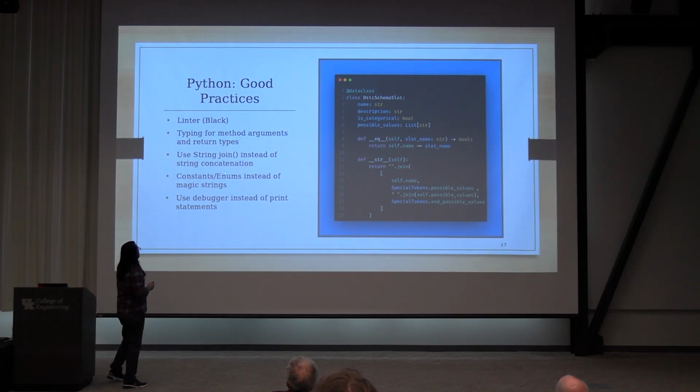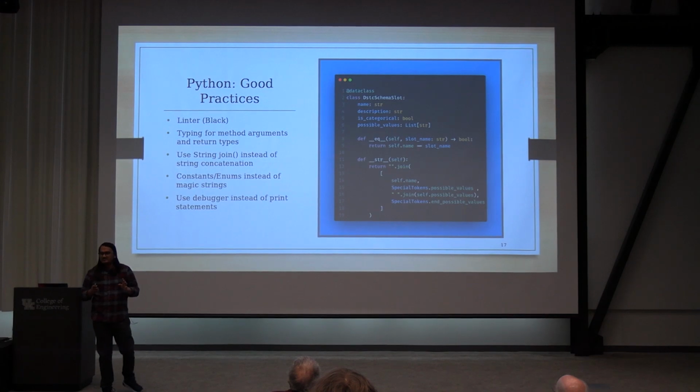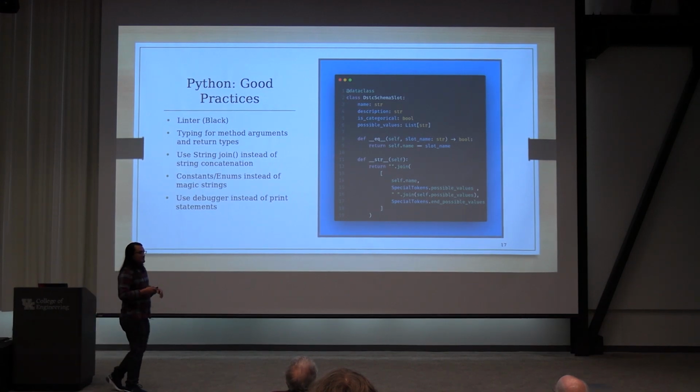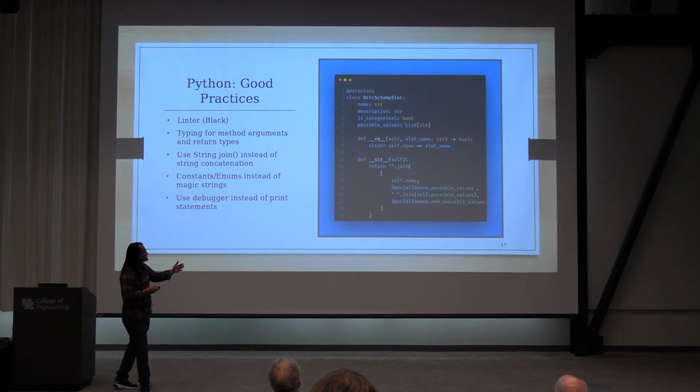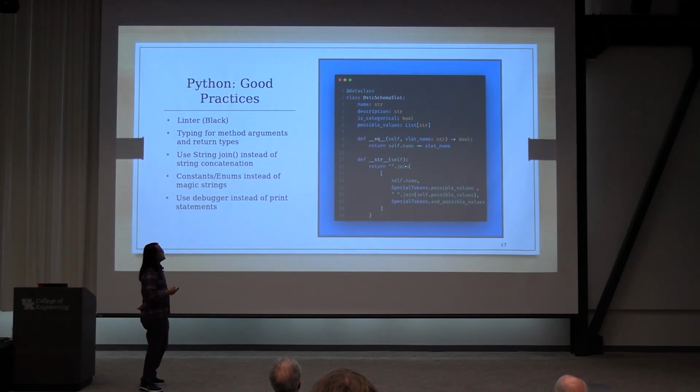The next thing that I want to talk about is to use the string join function instead of manually concatenating with plus and all those things. So this is something like, let's say when we have some path that we want to construct, or we have a string. Over here, let's say I have a string representation of this class where I have name, description.